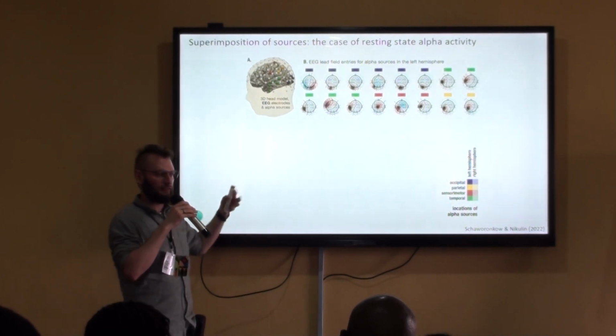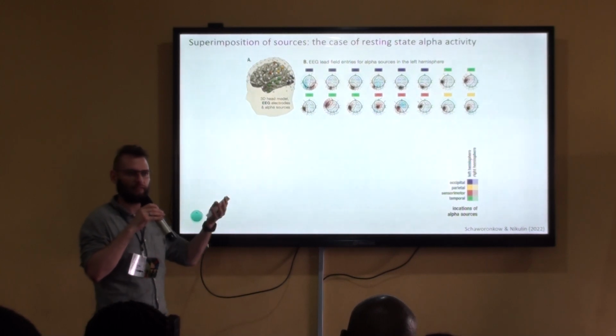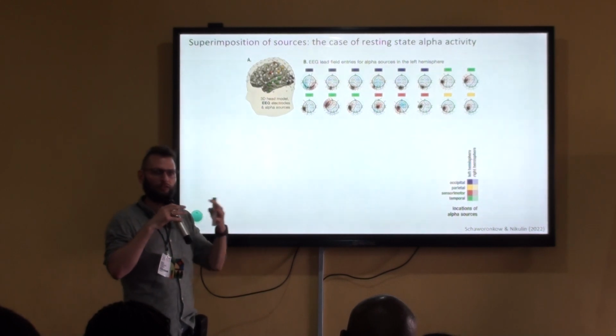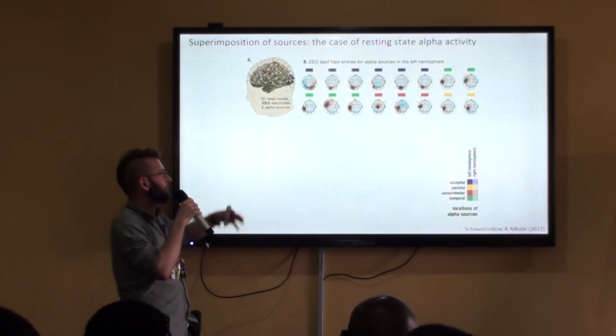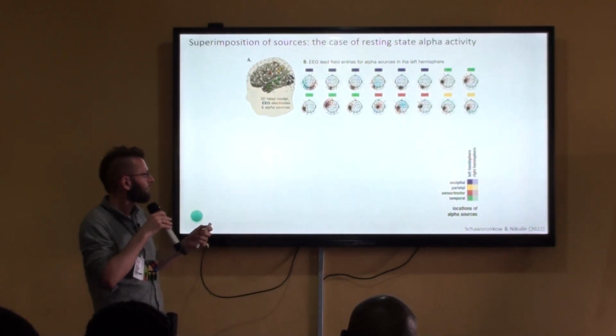And they gave this as a kind of response to people saying, oh, we are just measuring this type of alpha, visual alpha. So to see, if you're saying you're measuring visual alpha, how much are you actually picking up alpha that isn't from the visual, but perhaps from the temporal areas, or the other way around.